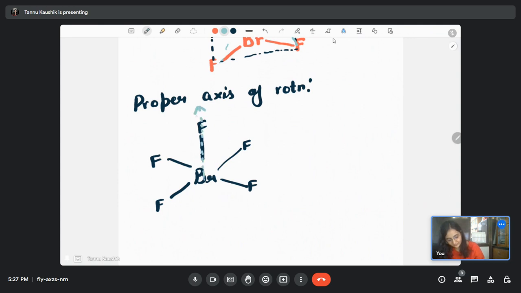Here we have a C4 axis of rotation. These four fluorines have a 90-degree angle.